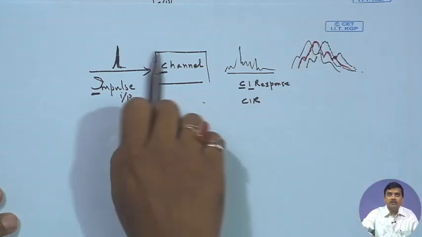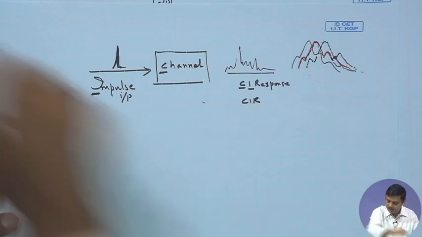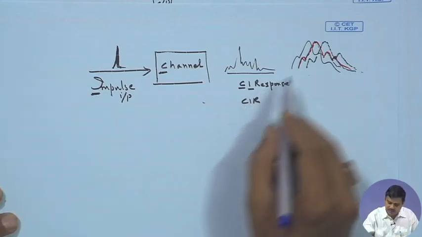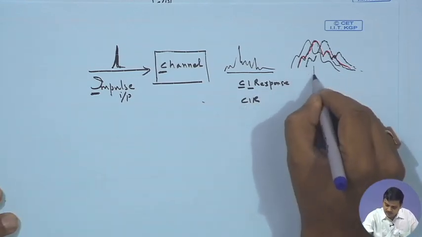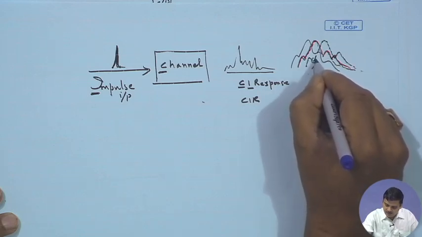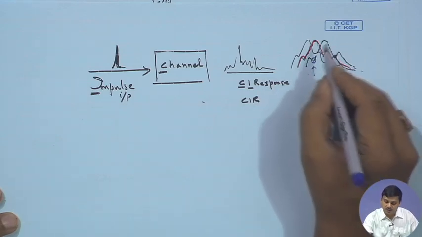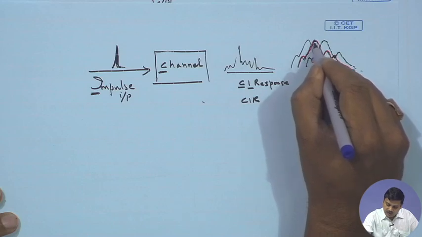When the receiver processes this signal, at any instant of time there is availability of one of the signals along with the other signals as well.